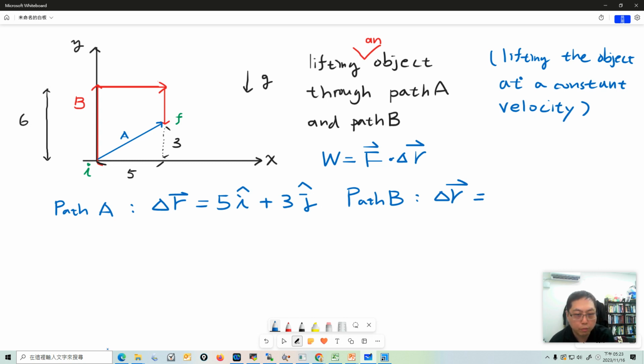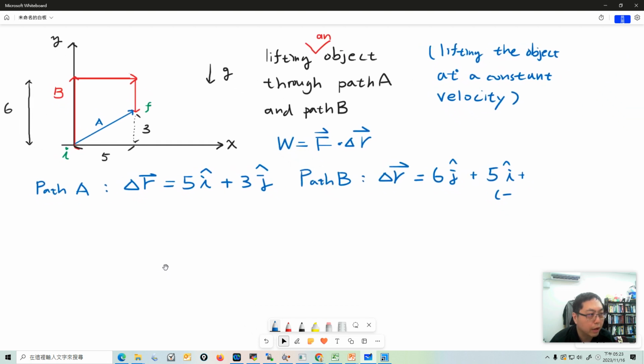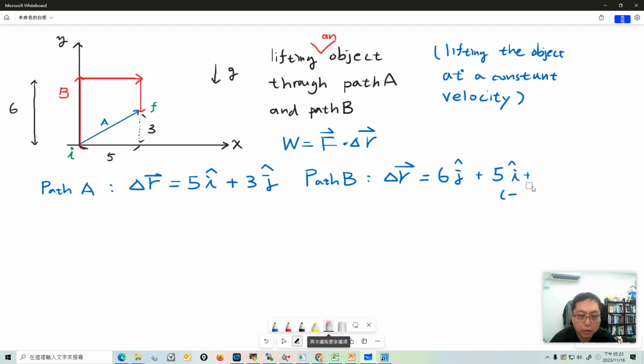So first 6 upward, which is 6j, plus 5i, plus minus 3j.